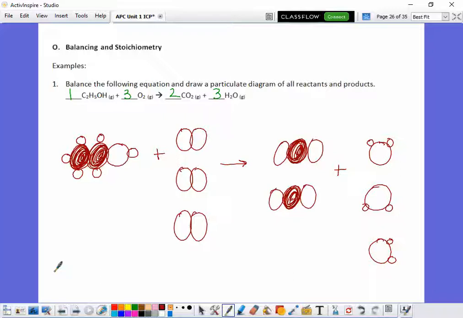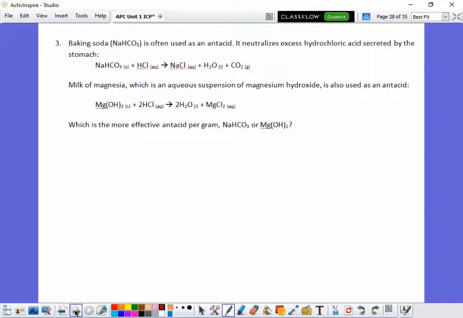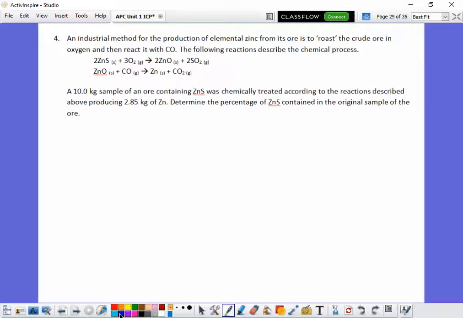Let's go ahead and skip to page 11. We will do the problem at the top of page 11. All right, this one.